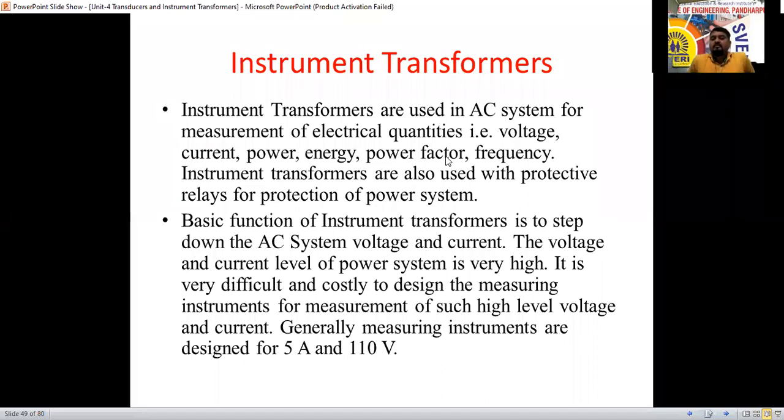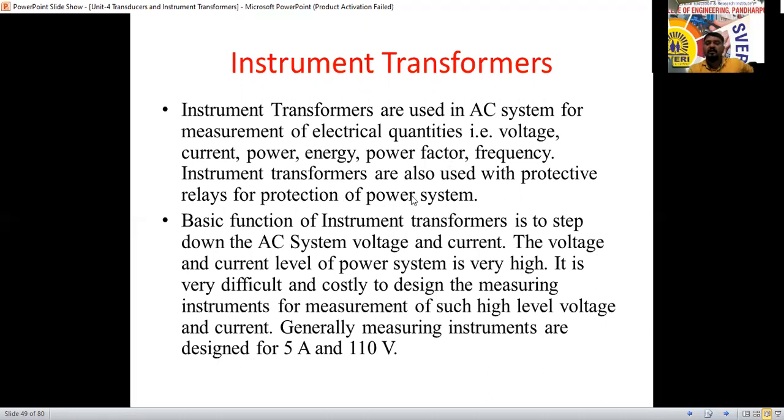You should not go near that voltage or cable line. So it is not possible to measure the high voltage directly. For that reason, to measure the voltages, we have to reduce that voltage to a low level, measure it, and as per the turns ratio, calculate the actual voltage. Based on that, transformers are required. Those transformers are called instrument transformers.